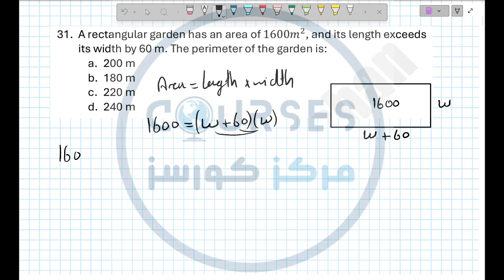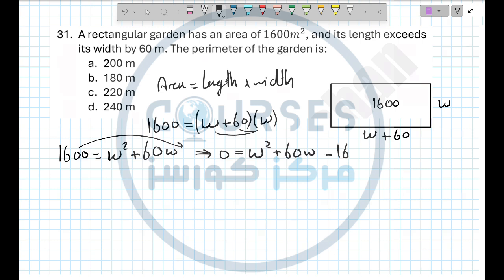So 1,600 equals W squared plus 60W. Move this 1,600 to the other side. So 0 equals W squared plus 60W minus 1,600.